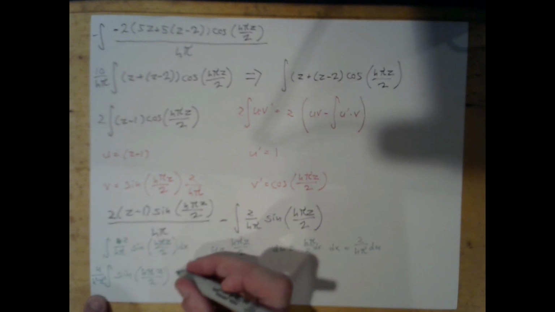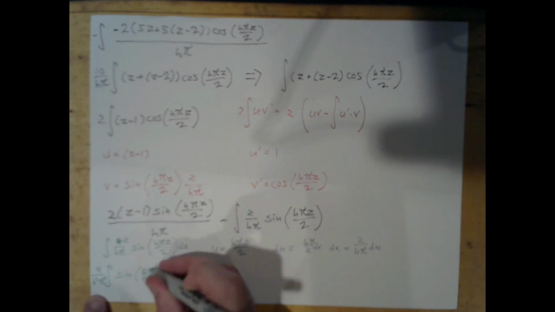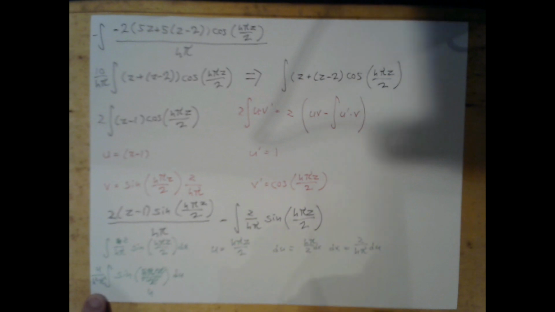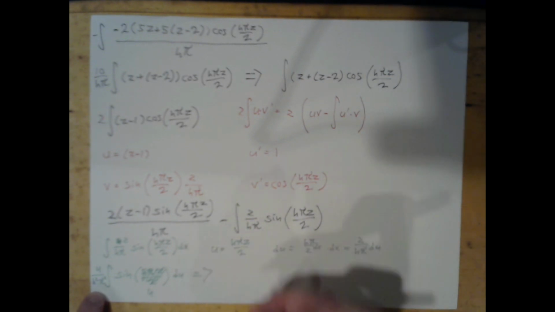And if you want, it doesn't matter right now, we're going to say du, so we can actually just keep this in the form of u to be precise. So it's really just sine of u right now.